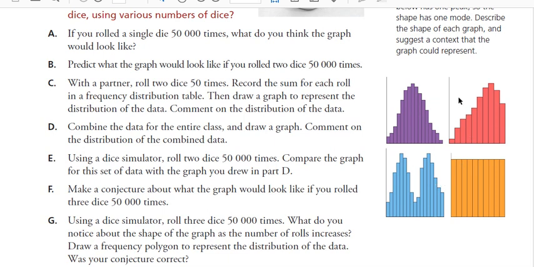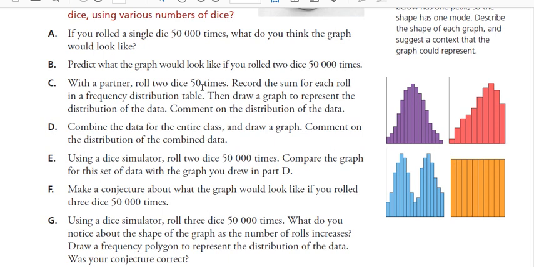So if we rolled a die 50,000 times, and these graphs represented the numbers that you could get, I know there's more than 6 of them, but let's just say these are the numbers from 1 to 6, somewhere around here. What pattern do you think we would have?